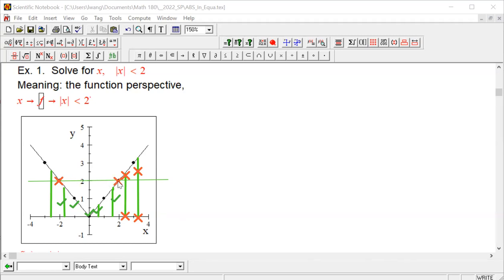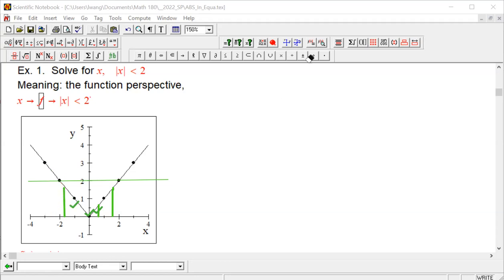We're looking for inputs such that their outputs are going to be less than 2. So if we clear the picture, we remove those that are not solutions. What do we have?